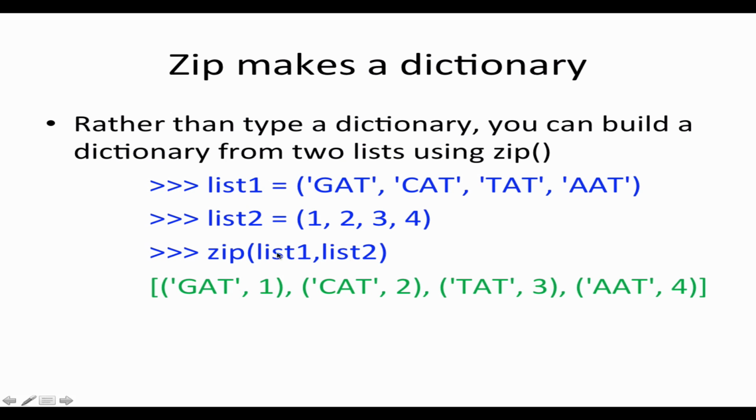Of course, you would want to say my dict equals zip of something in order for that to be saved as a variable that you can use later in your computing. This way, it just spews it on the screen, not super efficient. So I probably should have done it that way. It should be obvious that you need to have the same number of keys and values, or else zip won't work nicely. Probably won't work at all.